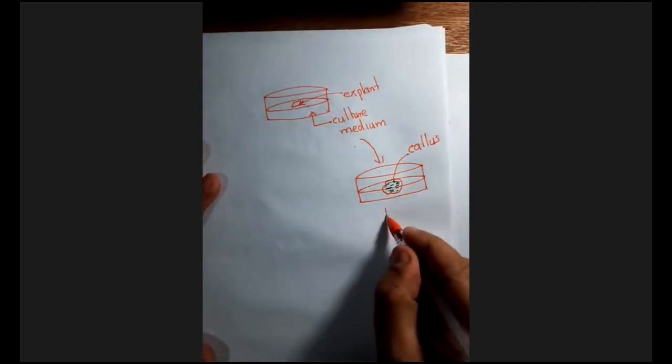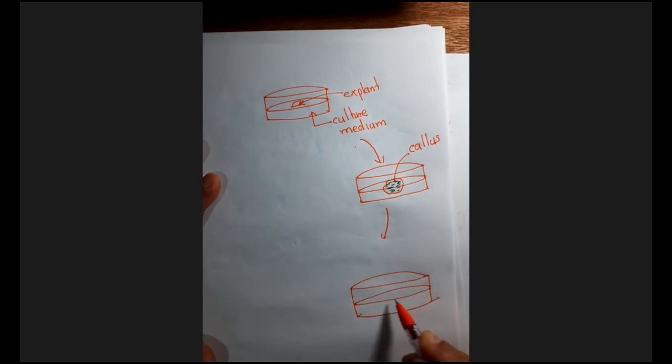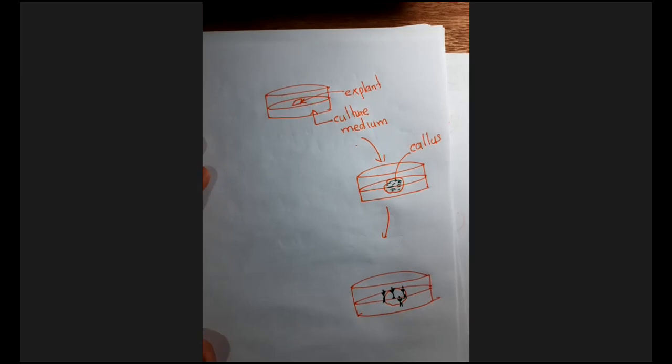After a few days, in the callus, kuti plants, we used to call them plantlets, will start to develop. Their roots will develop, their stems will develop, like that.